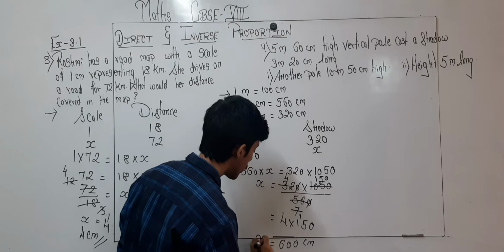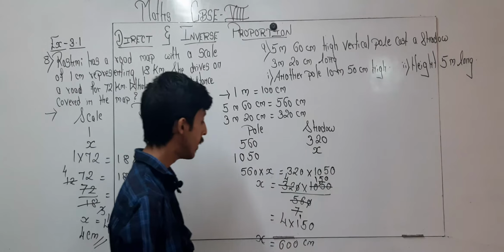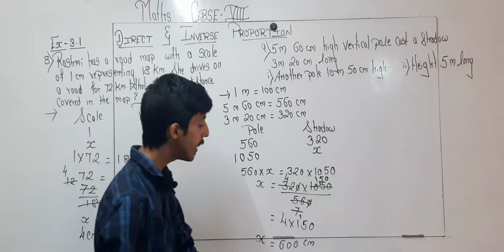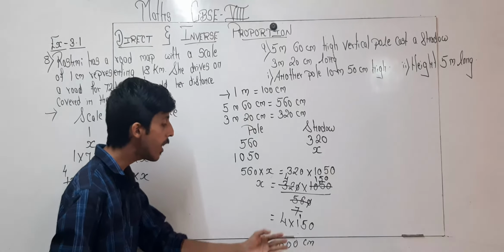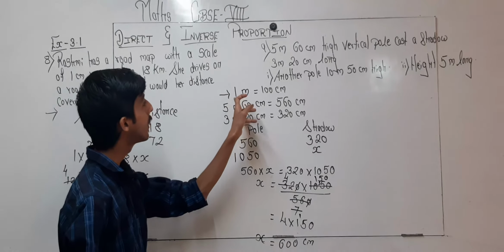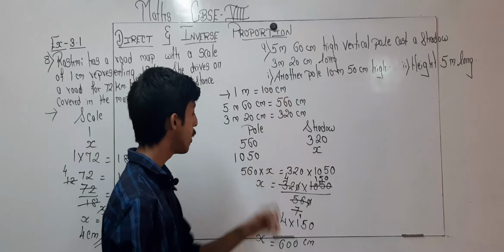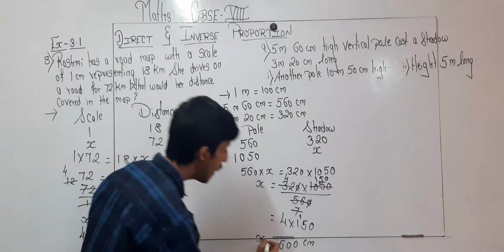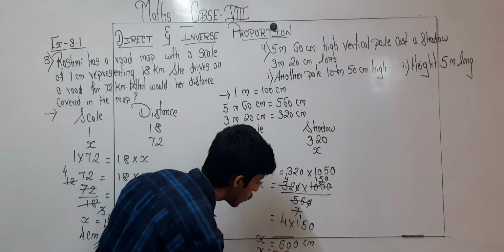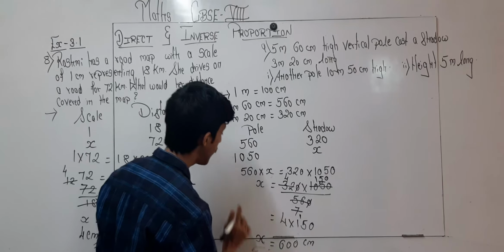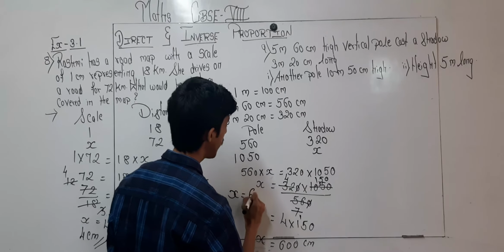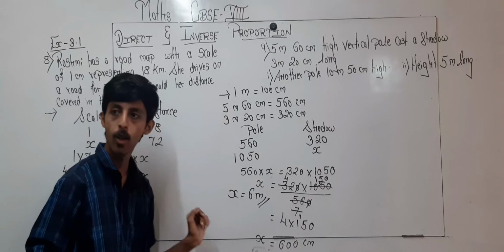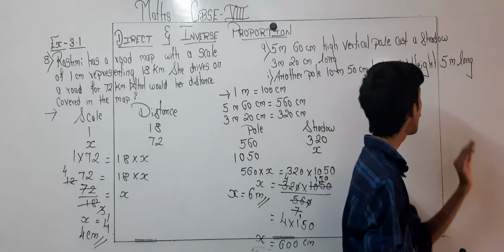So what is the length of the shadow? 600 centimeters. Now 600 centimeters can also be converted into meters: 1 meter is equal to 100 centimeters, so 600 centimeters will be equal to 6 meters. So x is equal to 6 meters.